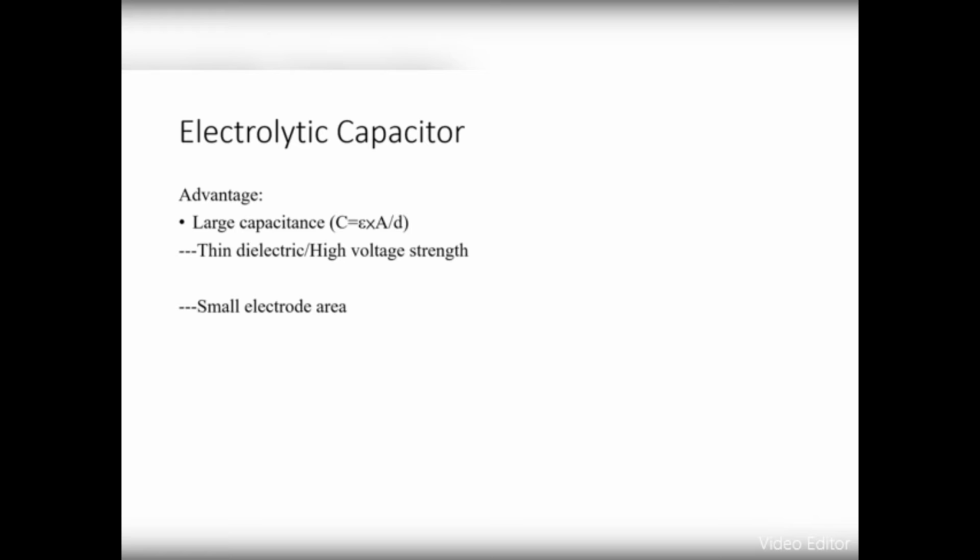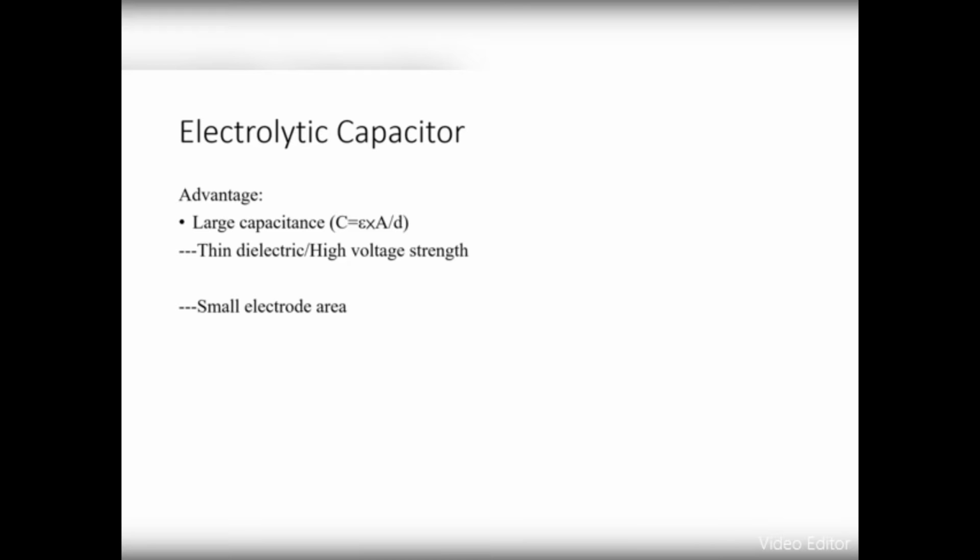The advantage of using electrolytic capacitor is that it has a larger capacitance. Capacitance of the capacitor depends on electrode area, dielectric permittivity, and thickness of dielectric. The dielectric thickness of electrolytic capacitor is thin, and the voltage strength of these oxide layers is high.